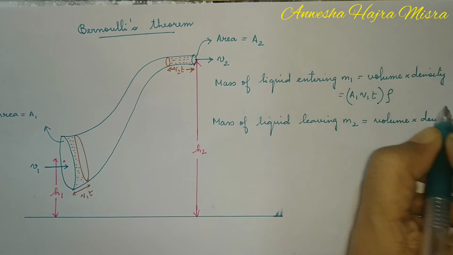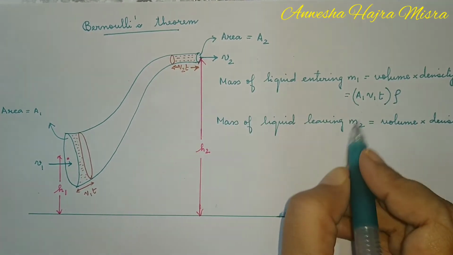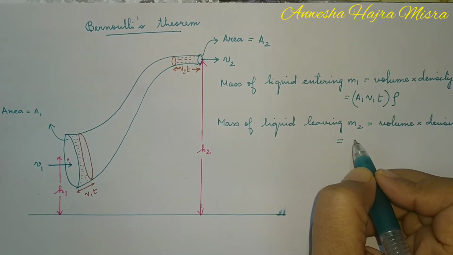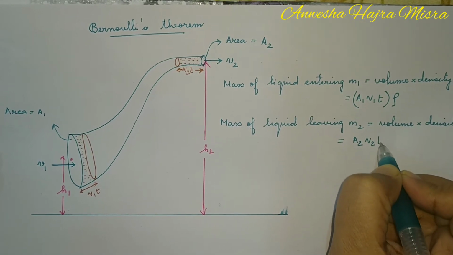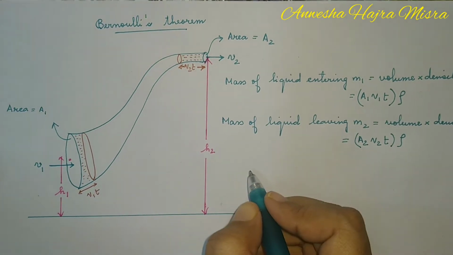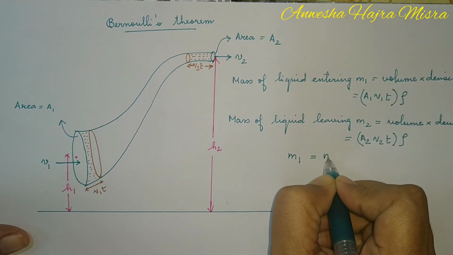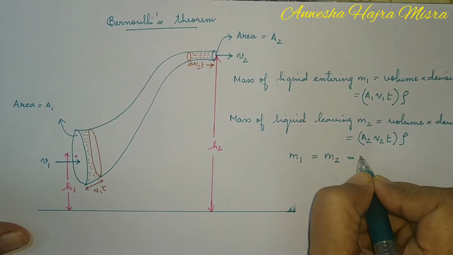We have assumed t to be very small, so the area remains the same. So what is this volume? A2 v2 t into rho. Now mass of liquid entering equals mass of liquid leaving, and we assume that as m.